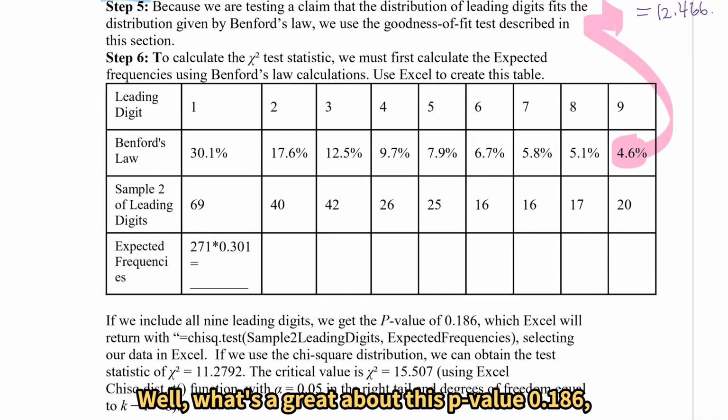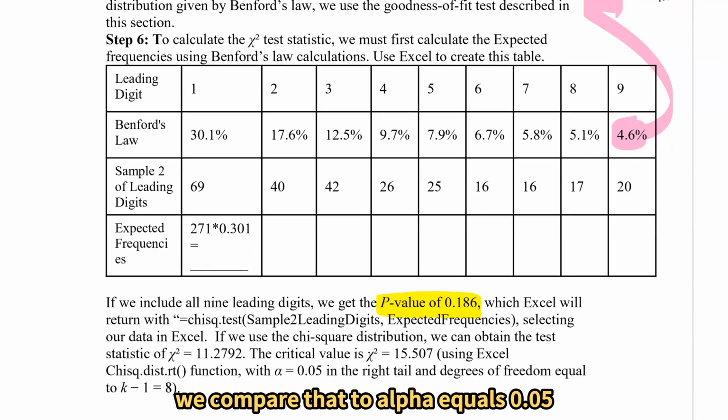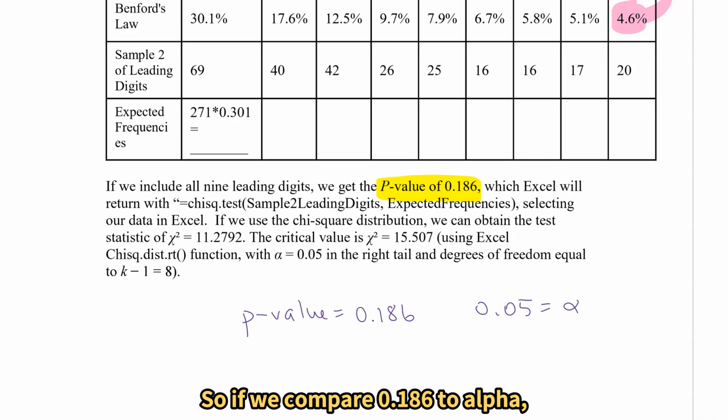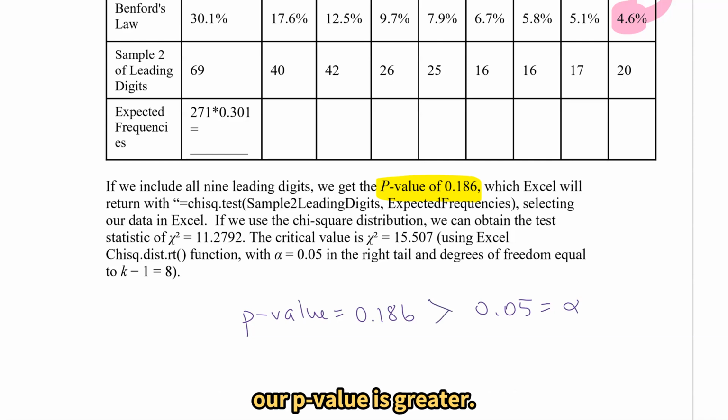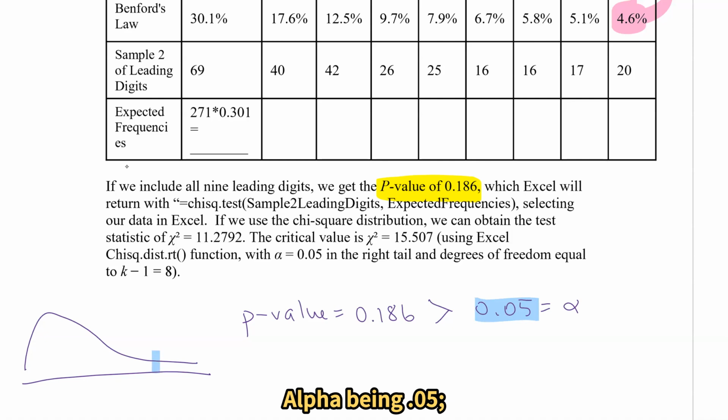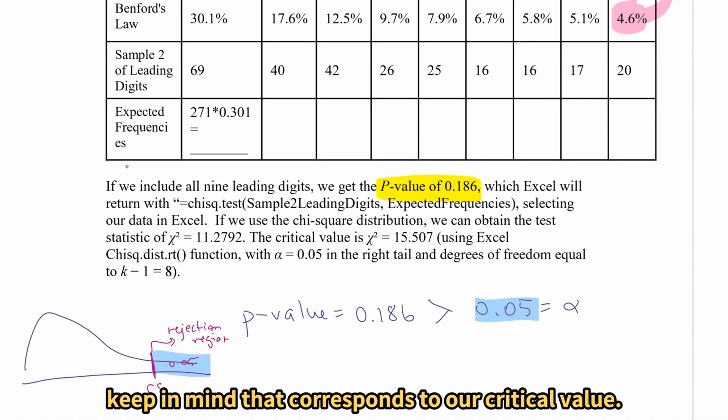Well, what's great about this p-value of 0.186, we compare that to alpha equals 0.05. So if we compare 0.186 to alpha, our p-value is greater. If we were to draw our chi-squared distribution, alpha being 0.05, keep in mind that corresponds to our critical value.